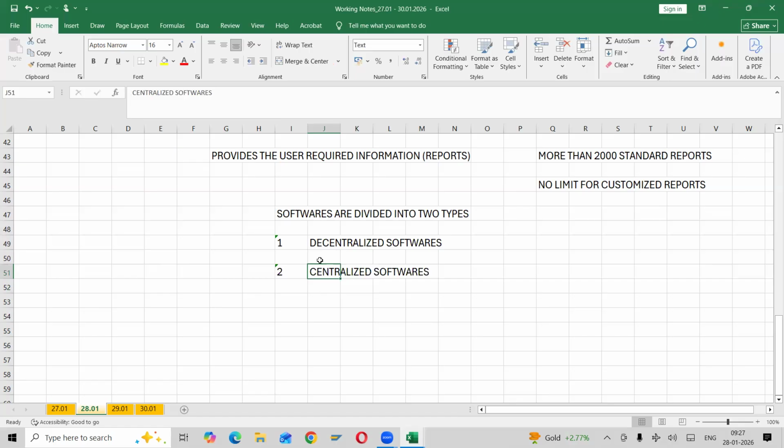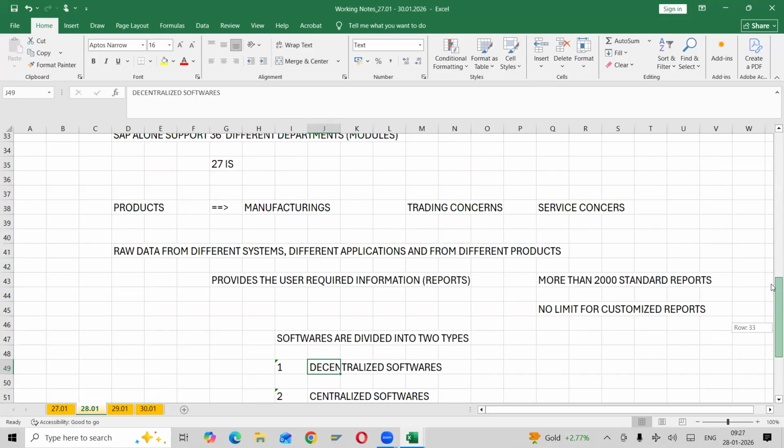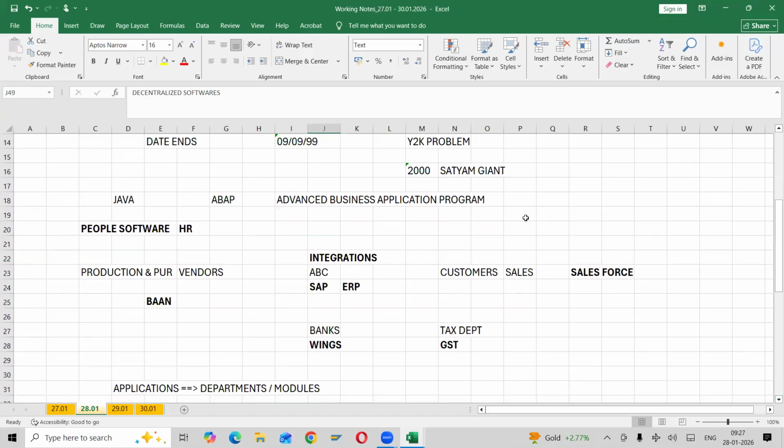Right? What do you mean by decentralized softwares? For example, in company ABC, each and every department uses different software. One department is using ERP or SAP, another is using PeopleSoft, the purchasing department is using BAN, the bankers are using Wings, and the tax department is using different software.